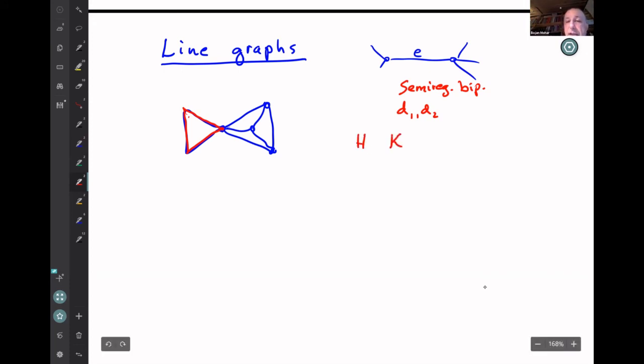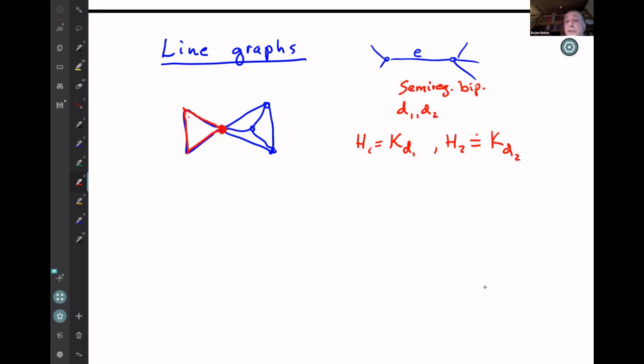H1 would be a complete graph of size d1, and H2 would be the complete graph of order d2. Every vertex is adjacent to one of each, which makes this decomposition into these cliques a nice homogeneous fractional decomposition.